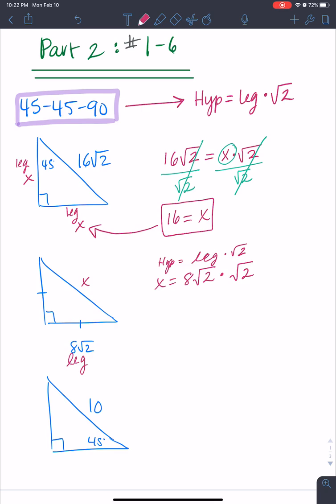Now I need to multiply the like terms, which are going to be the square roots. So 2 times 2, look, it's happy, is the square root of 4. Now if you said this, I gave you partial credit, but you're not done yet, because this 4 needs to be simplified. Remember, that can break down into 2 and 2, which is a pair.